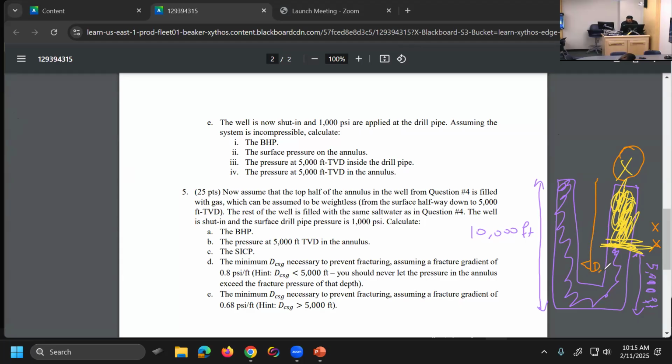Here is below the yellow. So I need to say that, forget about this, the pressure here must be equal to the fracture pressure there, which is 0.68 times dCSG.